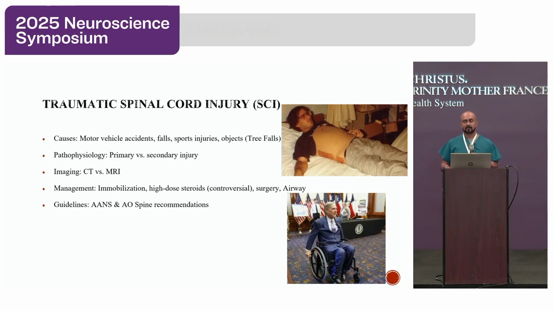We have stabilizers now with belts and other equipment to keep the spine stable. High-dose steroids are controversial. For the traumatic brain injury, for sure, we are not using any steroids, right? That's a big no-no. But for spinal cord injury, some use it, some don't, but it's still controversial.